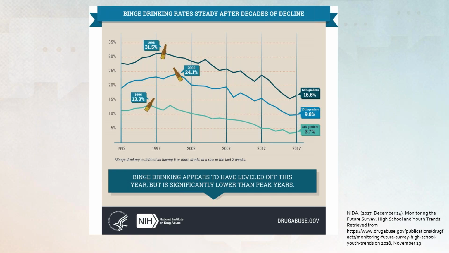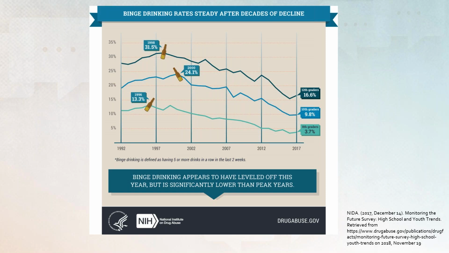The height of it was around 1997 for some groups, and it has continued to decline, which is wonderful. There's a little uptick with the 12th graders in the past few years. 10th grade looks pretty steady, and 8th grade, a little bit of an uptick is also there.